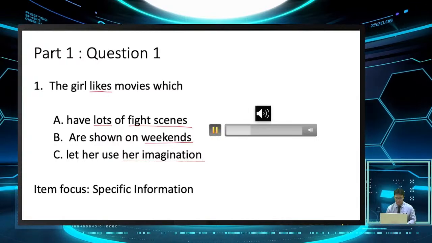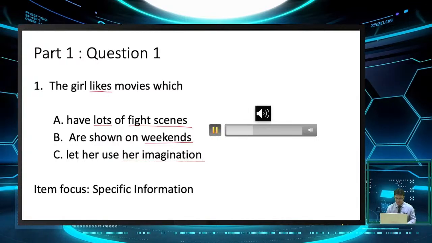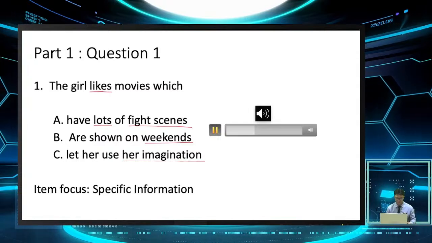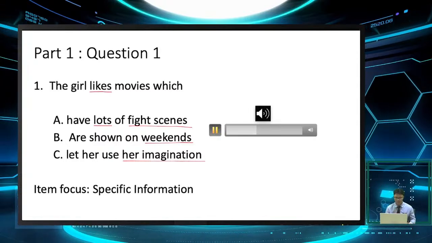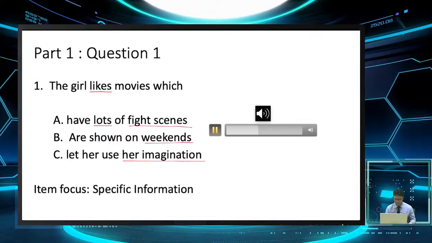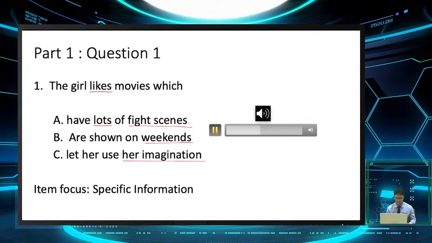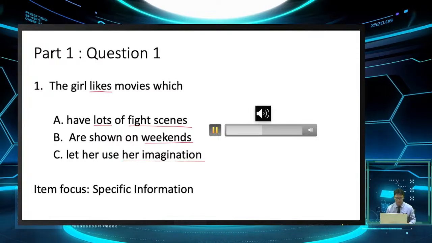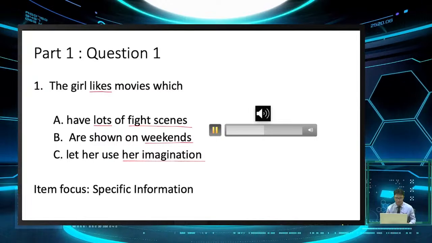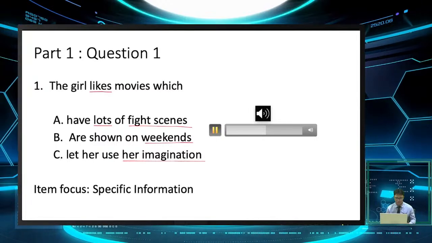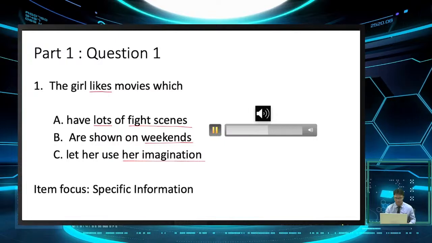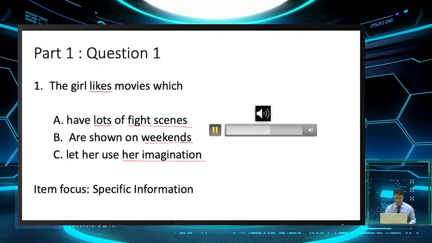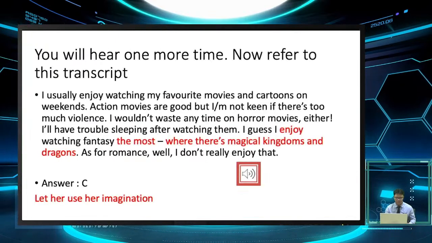Action movies are good, but I'm not that keen if there's too much violence. I wouldn't waste any time on horror movies either. I'll have trouble sleeping after watching them. I guess I enjoy watching fantasy the most, where there's magical kingdoms and dragons. As for romance, well, I don't really enjoy that.